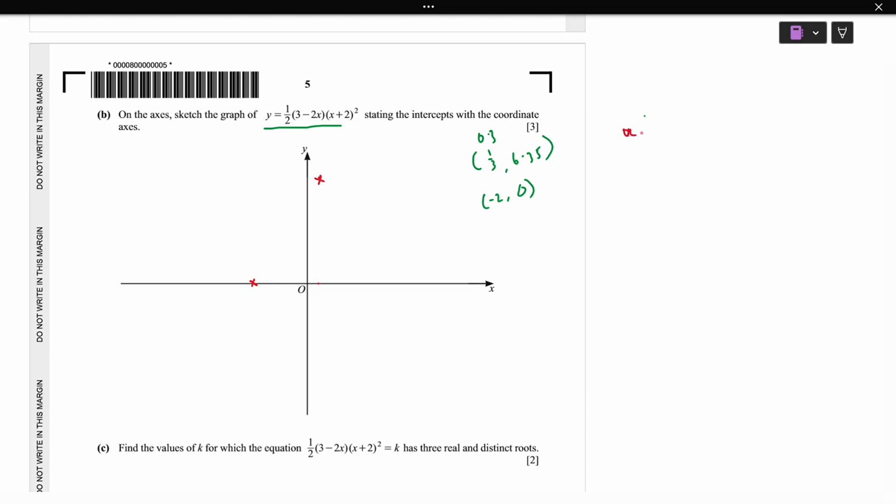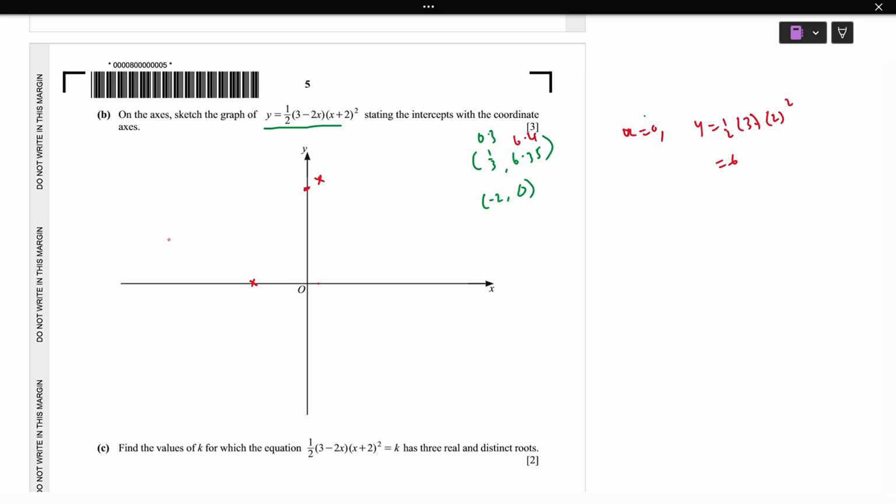So when you put x equal to 0 in the given equation, we get y equal to 1 by 2 into 3 minus, just 3 and 2 square, which is equal to 6. So the y intercept is going to be 6. The 6.35 is approximately 6.4. Okay, so 6 is the y intercept point.